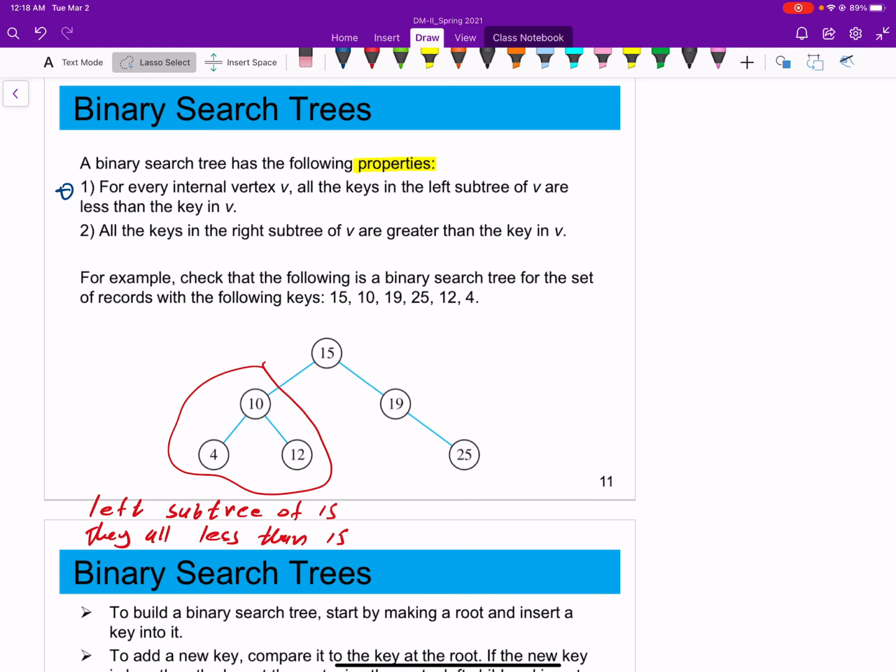That is number one. And then number two, all the keys in the right subtree of V are greater than the key in V. As an example, you could consider this right subtree of 15.